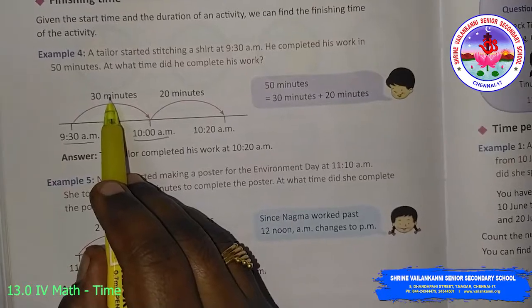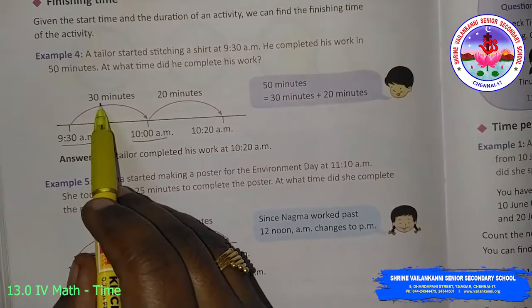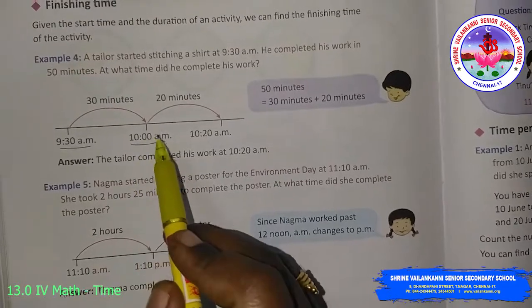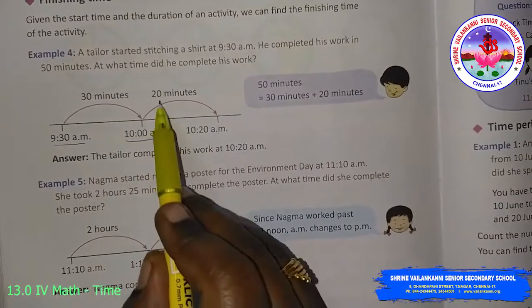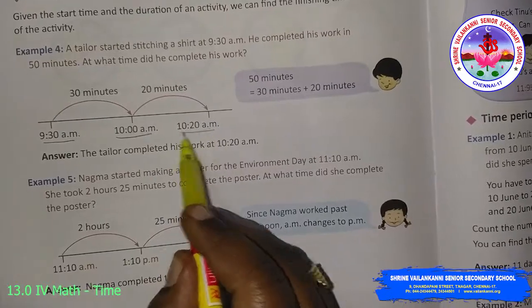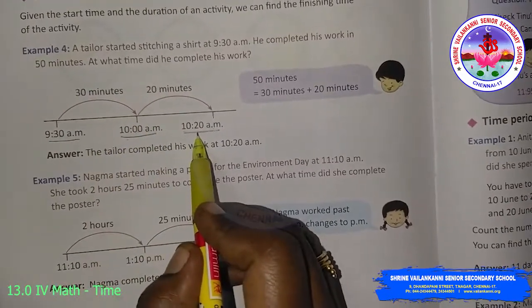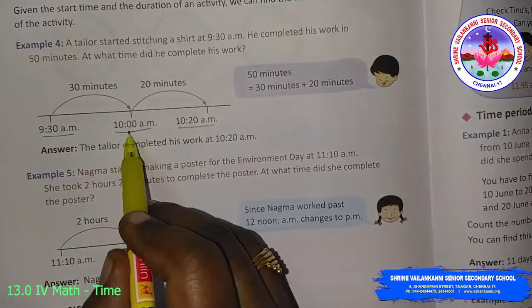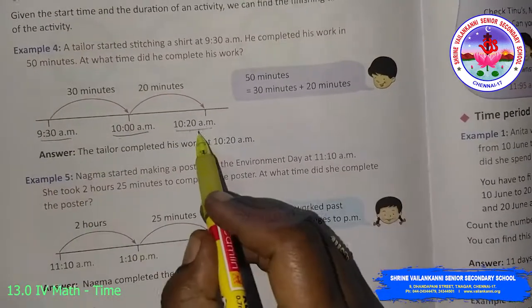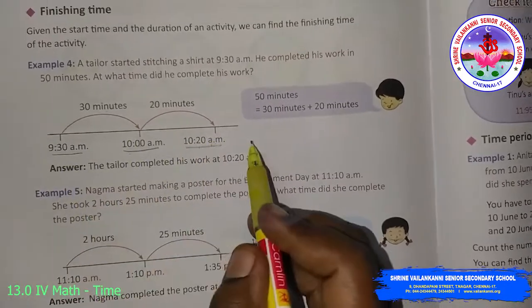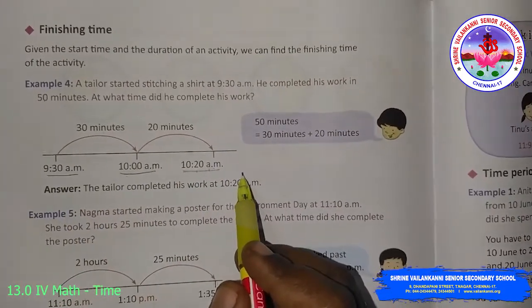Of the 50, 30 minutes is calculated, remaining is 20 minutes. From 10 to 10:20, you will have 20 minutes. So totally 50 minutes we have calculated. So 50 minutes after 9:30 a.m. is 10:20 a.m. This is how you have to calculate the finishing time.